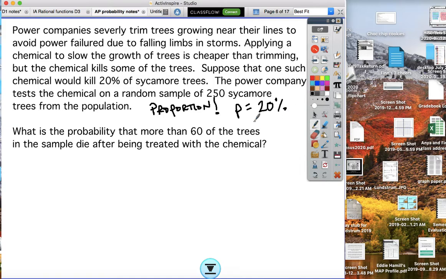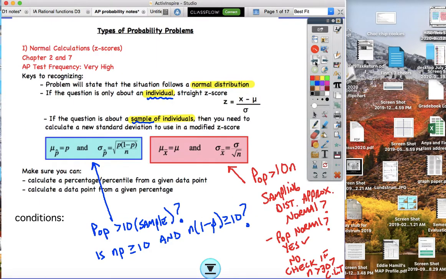Keep that in mind. The power company tests a chemical on a random sample of 250 sycamore trees from the population. What's the probability that more than 60 of the trees in the sample die after being treated with the chemical? So we're going to go back to here.